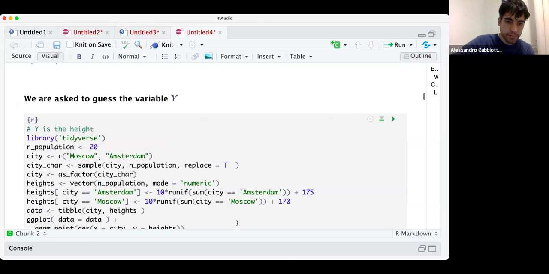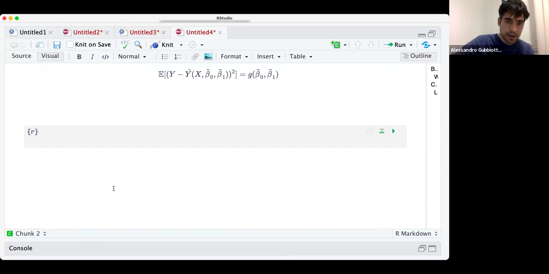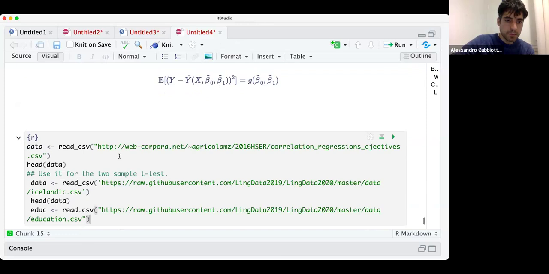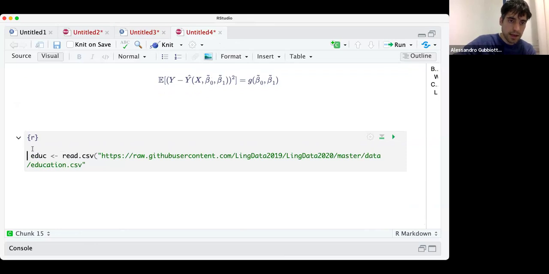So let's observe this data and save. We download this data, then we look at its column names.